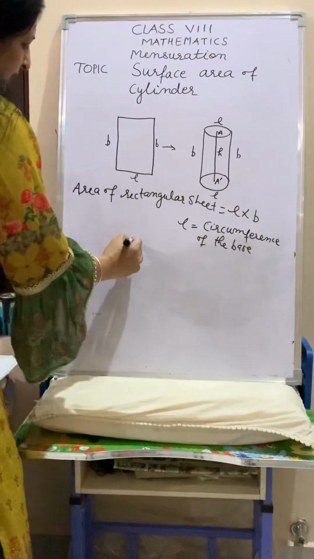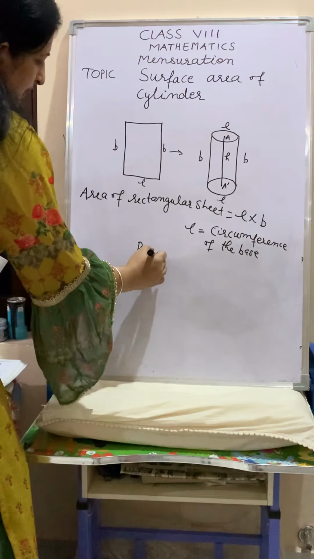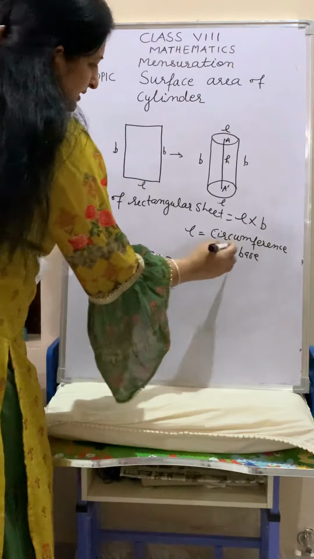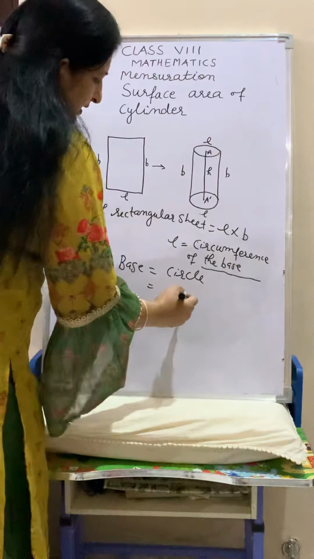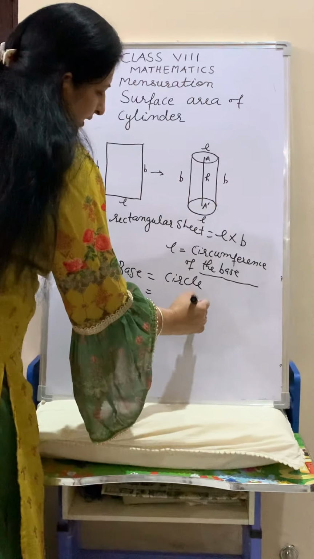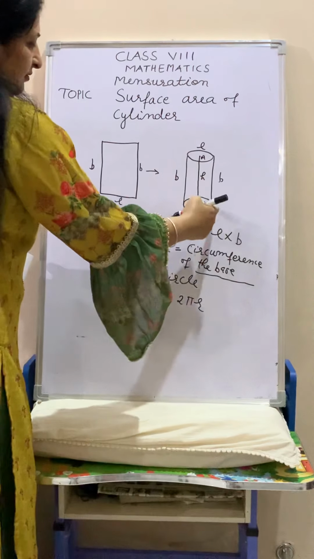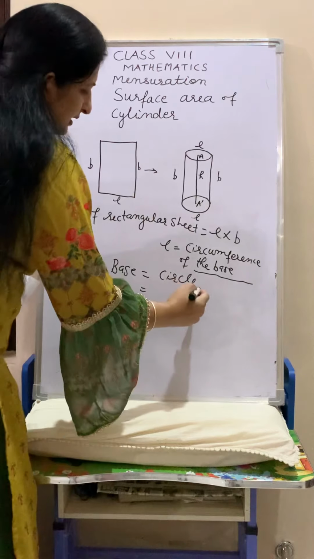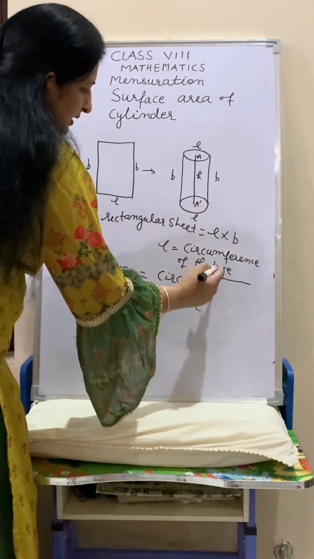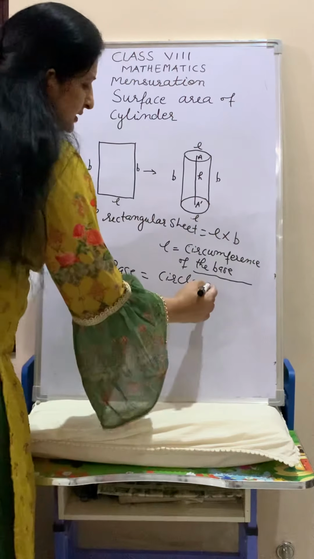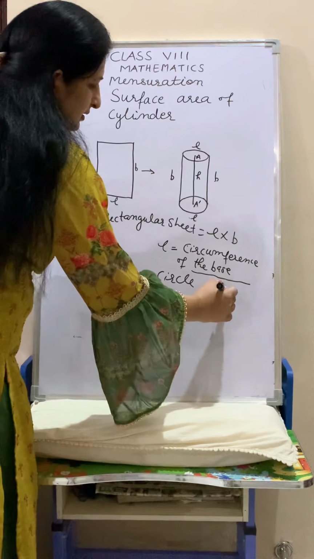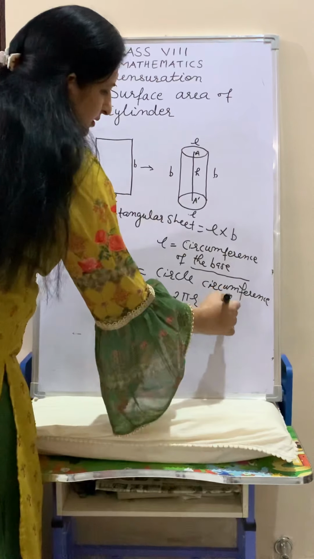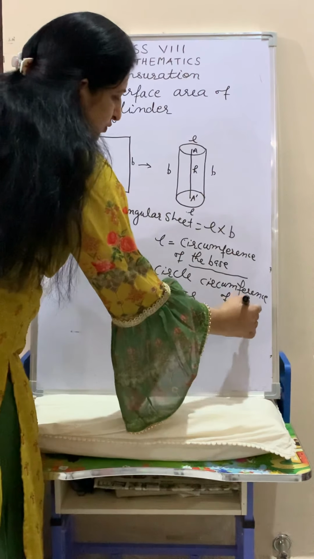And what is the base? Base is a circle. And what is the circumference of the circle? Which is 2 pi r.